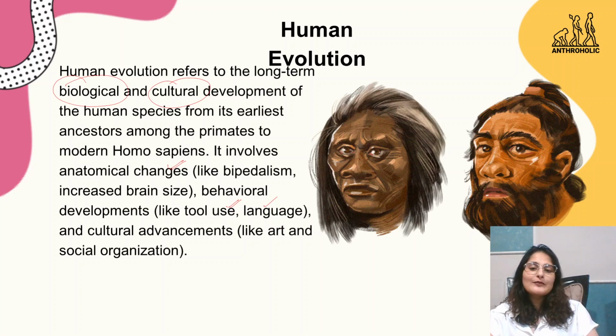All of that is a part of human evolution, right? All the adaptations that have happened, all the changes we have made in ourselves, all the progress we have gained in our entire being as a species, that all is a part of human evolution.